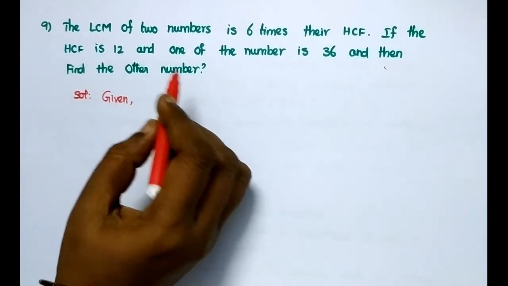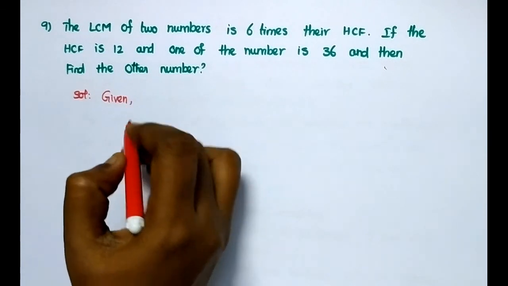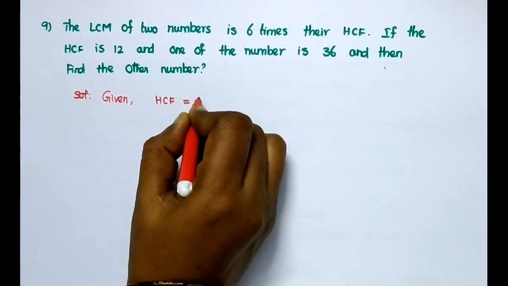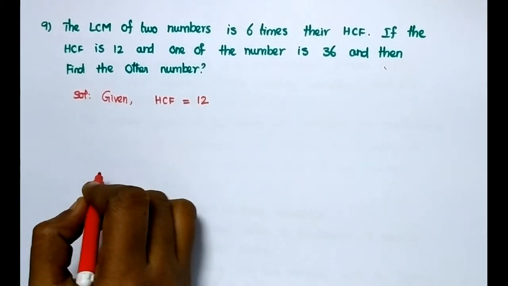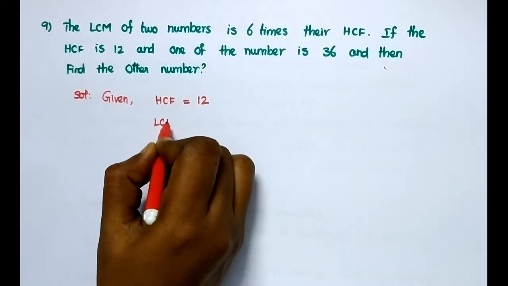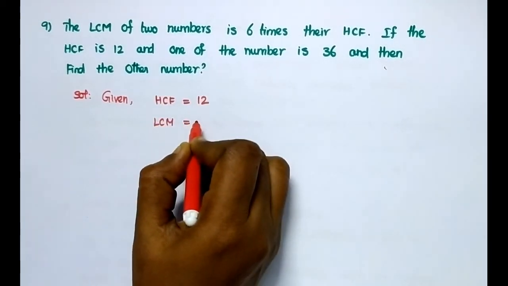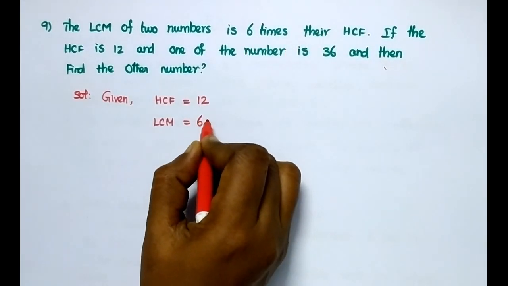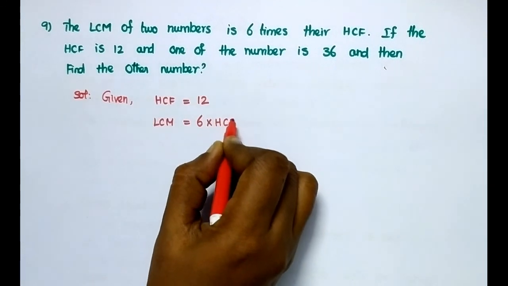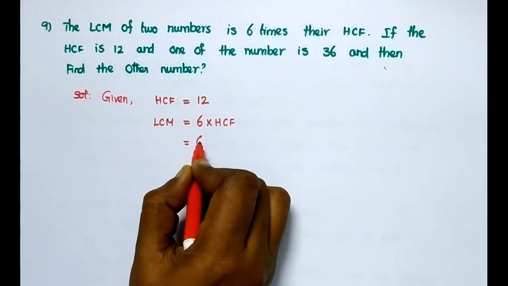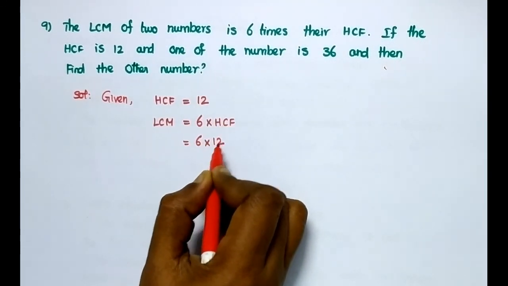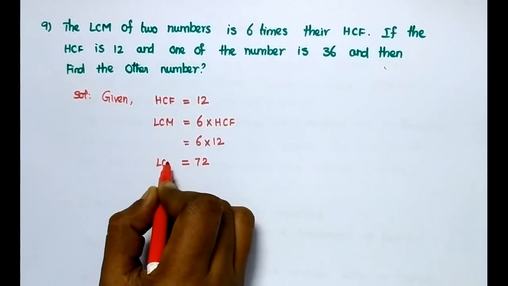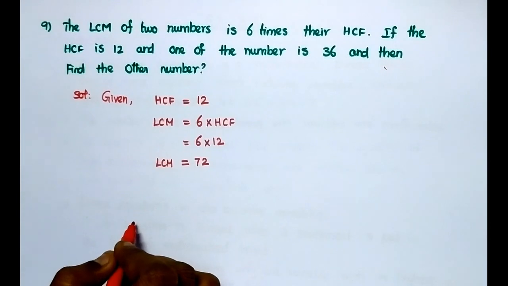Given HCF equal to 12 and LCM equal to 6 times their HCF. So 6 into HCF, that is equal to 6 into 12, 72. So LCM equal to 72.